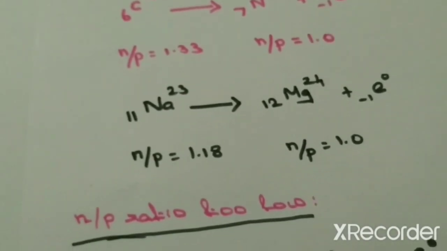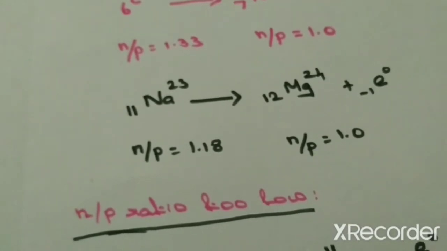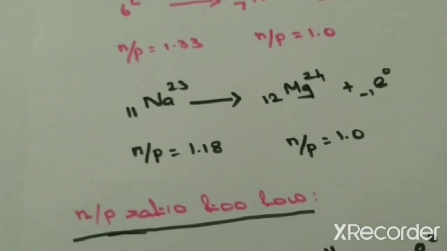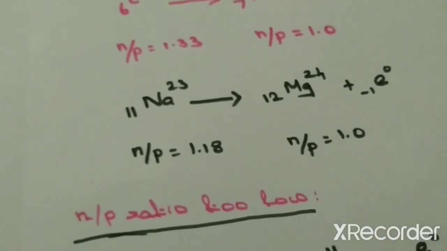And in the second example, take sodium 23, its NP ratio is 1.18 and it is somewhat unstable, and by emitting one electron it becomes magnesium 24 with NP ratio 1. That means it becomes a more stable nucleus.